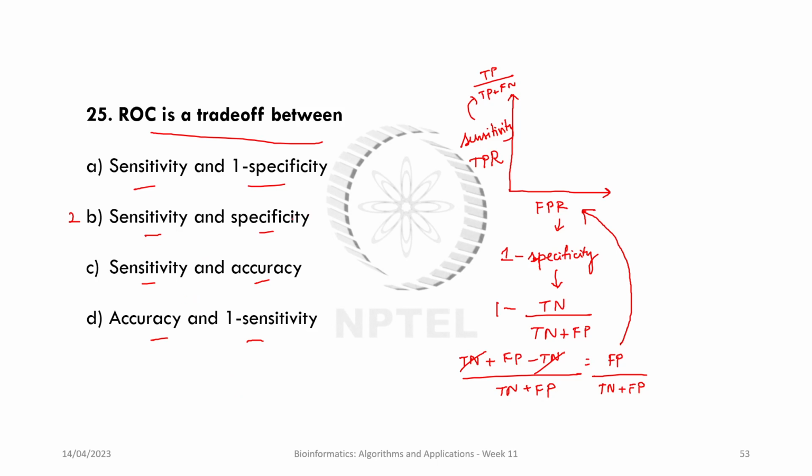I have given you the answer right in the slide. I hope I'm audible and this live relay is fine, right? Yes, thanks a lot. So can we all agree on option A? Yes, ROC is a trade-off between sensitivity and 1 minus specificity, because it's a plot between TPR and FPR.